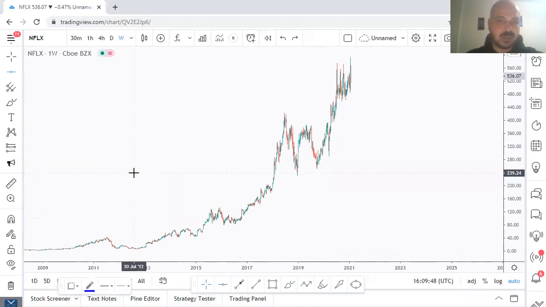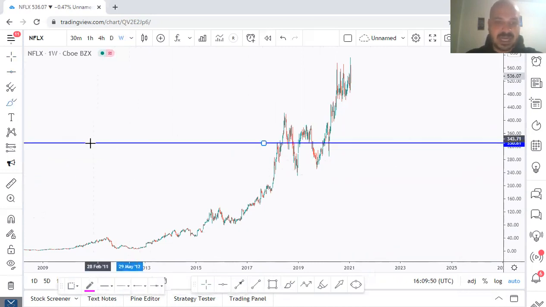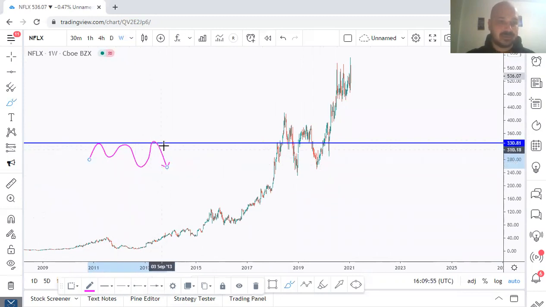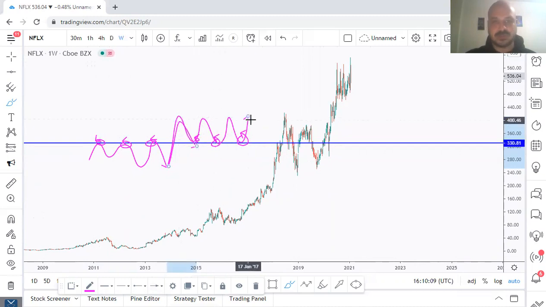For example, a typical support and resistance would be when we have many failed attempts to break above a level. In this case, it's a resistance, right? Or many failed attempts to break below a level. In this case, we would have a support. And of course, when a resistance is broken, it becomes support, and when a support is broken, it becomes resistance, right?